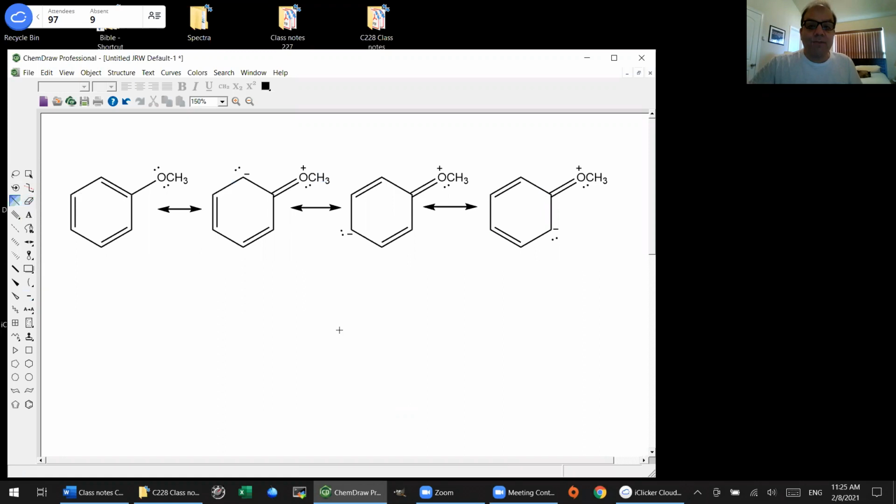Aren't the 2nd and 4th one the same? No, because remember, with resonance forms, you're not allowed to move any atoms or turn the molecule. You're only allowed to consider different ways to put in the electrons. So those 2 are not the same. They're equivalent, certainly, but they're not the same. You're not allowed to turn the molecule over.